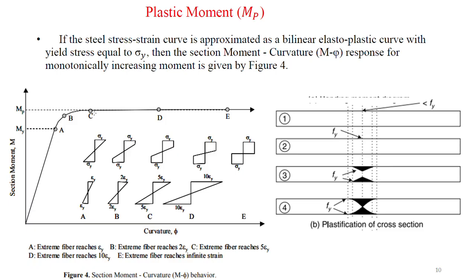Here you can see that the curvature has increased from C to D, D to E, up to E. After E, it is the maximum strain which can be taken at the maximum moment. It is the maximum strain of the structure which it can resist when you apply the constant moment after C.